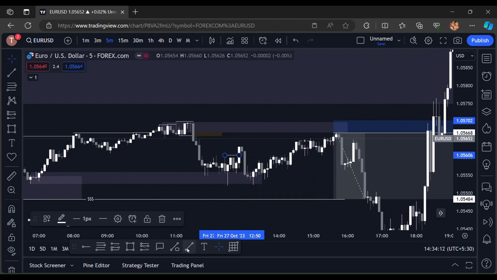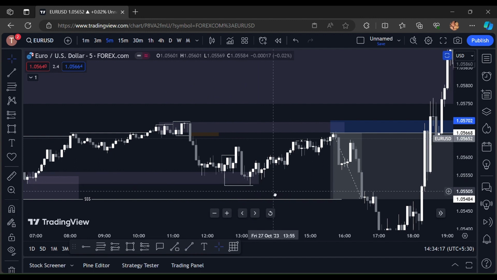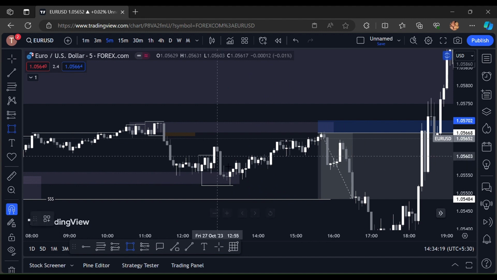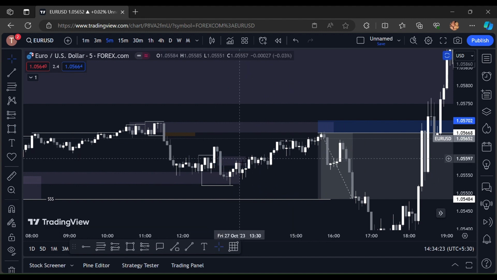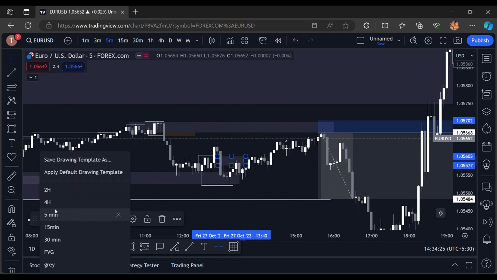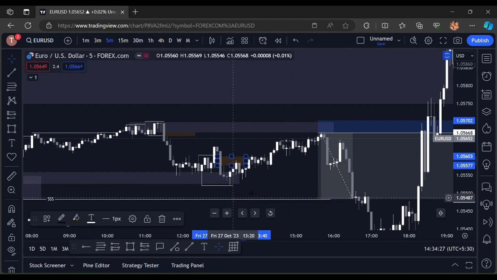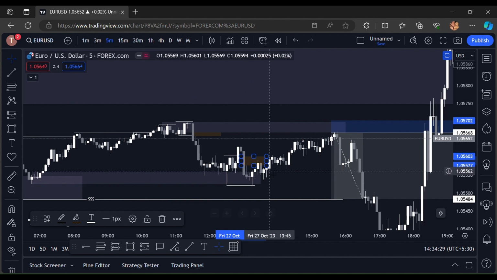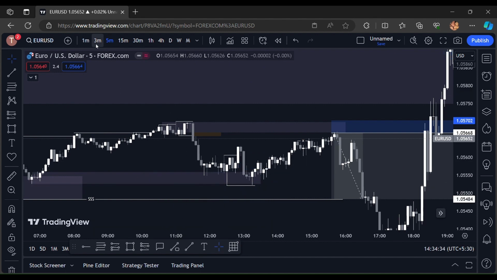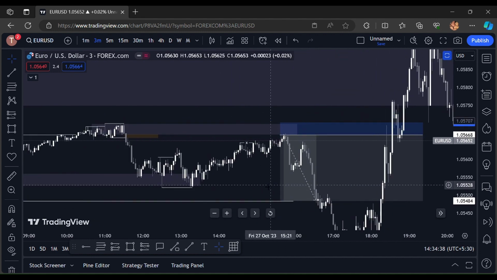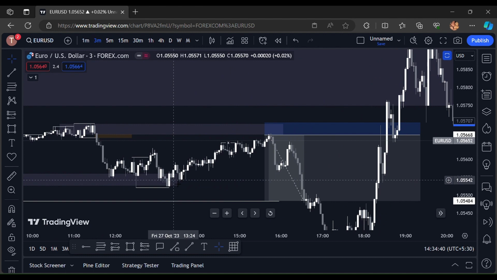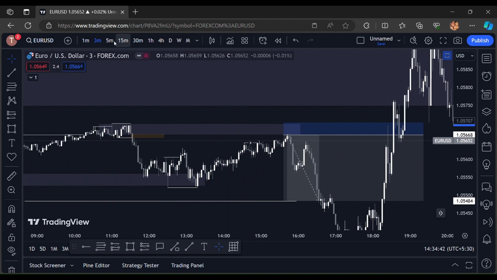But the price failed to break below it. Though it was a perfect zone having an FVG over here for the price to react to the downward side. But since there was no flip over this zone, I decided not to enter this trade, and the price started to go up.